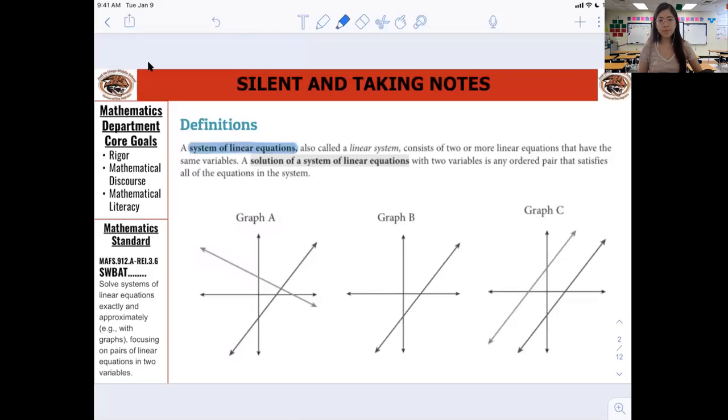Write this down. Yes, so go ahead. I'm going to highlight the two definitions I want you to write down. Definition number 1 and definition number 2. All right, so go ahead and just take a moment to write those two definitions down, and then we'll explain a little more what a solution is.